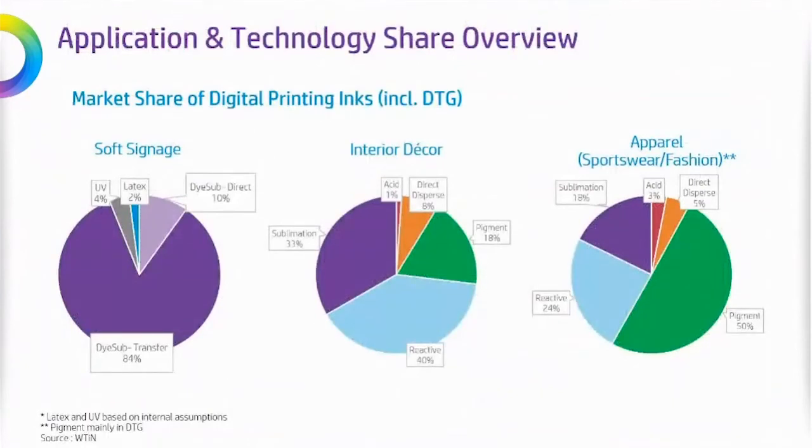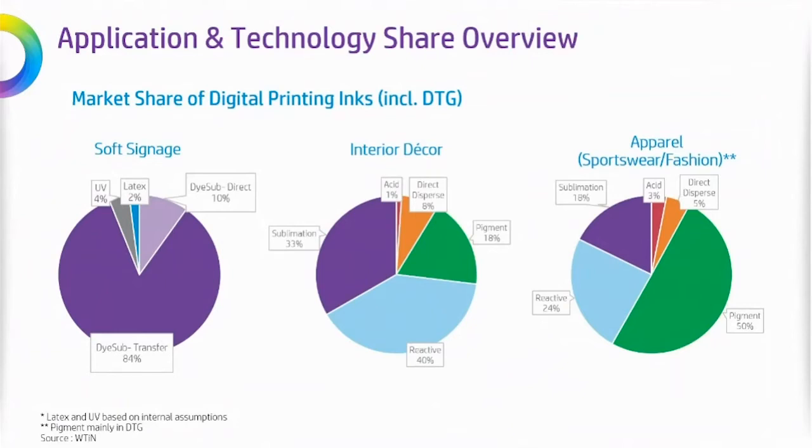So in this, our 4 verticals, I've kind of selected and put them into 3. I grouped the sportswear and the fashion together, and I also put the flags under the soft signage. Here's a bird's eye view of how these markets are addressed with certain textile printing.